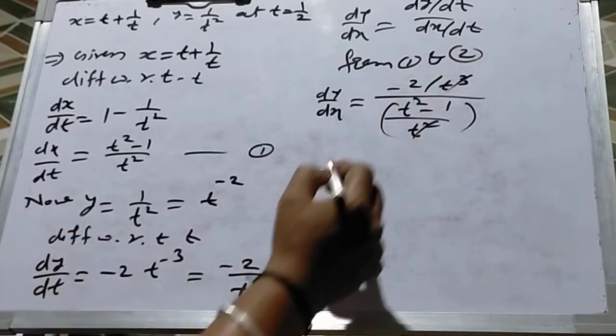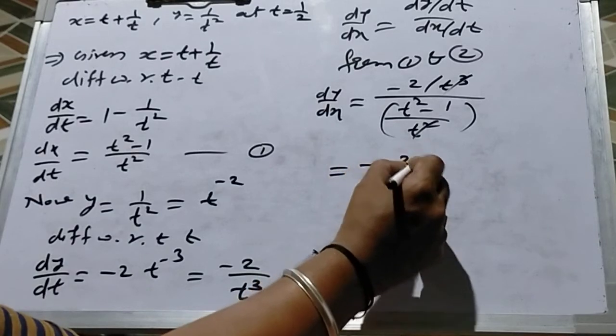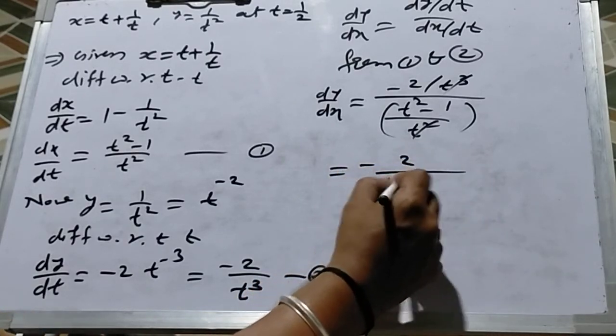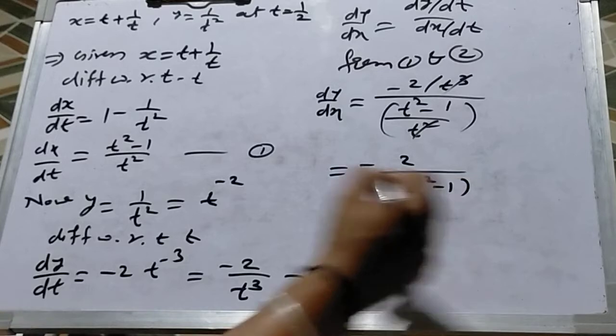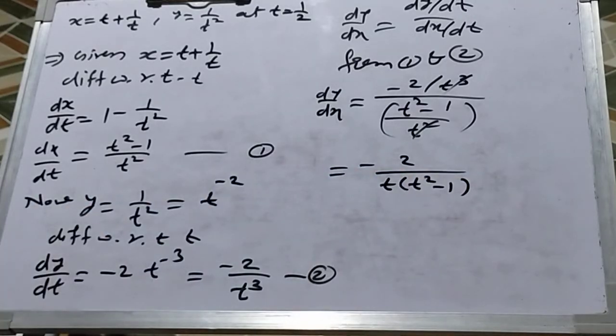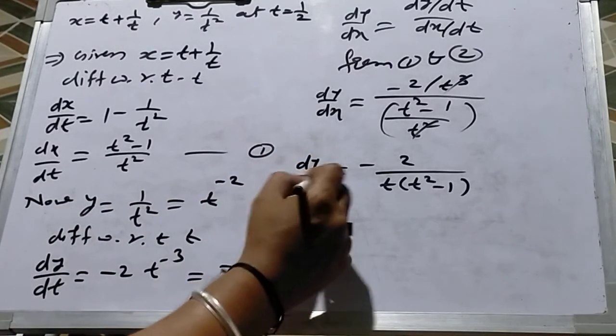So here one t square will get cancelled. This is equal to minus 2 divided by t into t square minus 1. So this is the value of dy by dx.